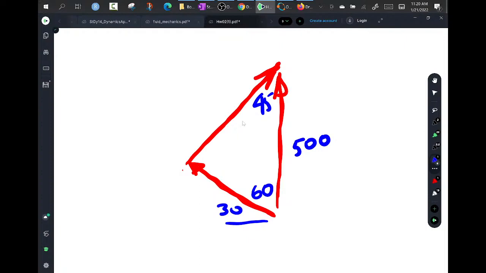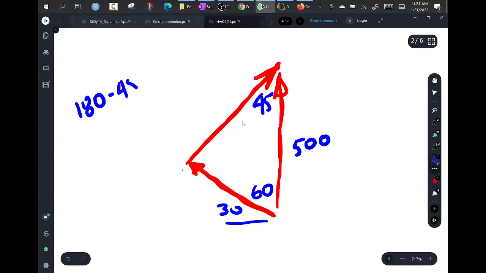Now what is interesting here is you have law of sines, you have law of cosines, but you also have another fact, and that is that 180 minus the 45 minus the 60, that's going to be your angle sitting right there on that other end. And so it's not 90.